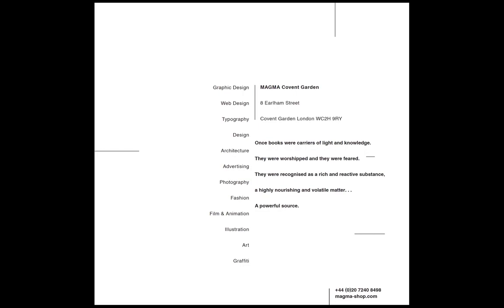Obviously, what we're doing here is promoting a store. And again, this says Magma Covent Garden. These are earlier versions. The content there has changed a little bit. These are just ways to showcase the little blurb about the place, get the essence of the place.